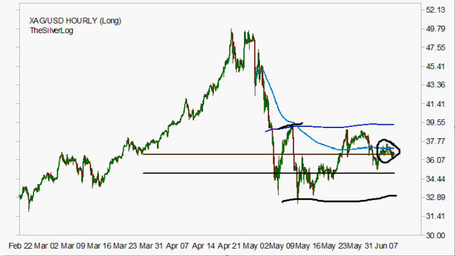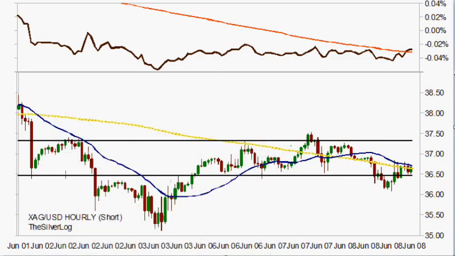A level that needs to hold for the market to get up and running, because we found support where we found resistance before, and because it has now made this lower high from in here, it's really crucial that it stays above this level. If it does come back down here to find a higher low, then it can very easily change the direction within the lower high situation and then maybe finally have this test of the 50-day moving average, because this range has been going for quite some time.